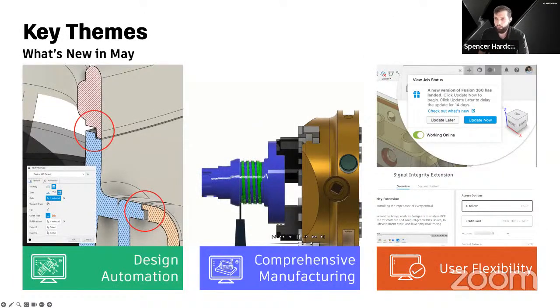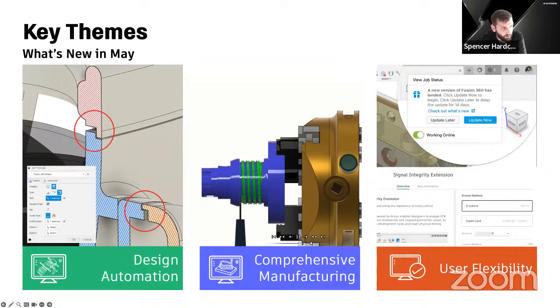So the May release went live 2 or 3 weeks ago now, and what you're going to see over the next 45 minutes to an hour is a real look into some of the new functionality, new capabilities, new workflows, and importantly, some of the key themes. That's what we'll start with today. As we're going through each of the features and workspaces, keep these themes in mind, because you're going to see them crop up time and time again as we dive into the software in detail and show you how to maximize the use of the product.